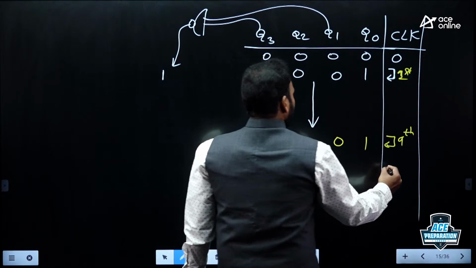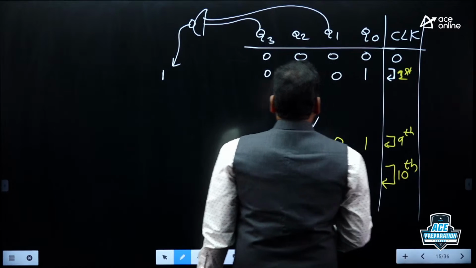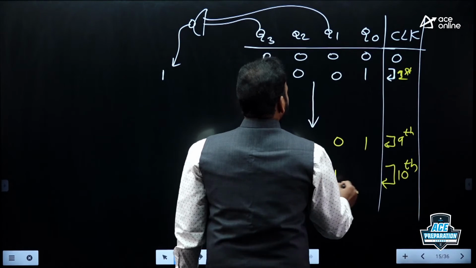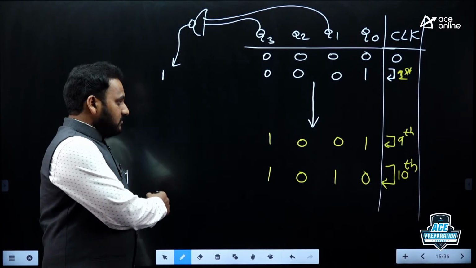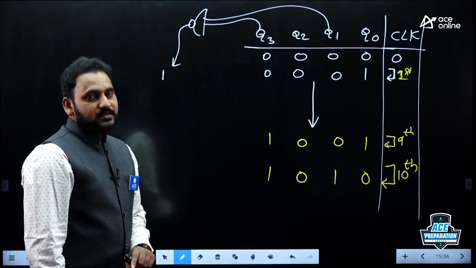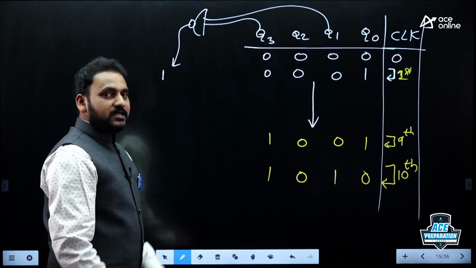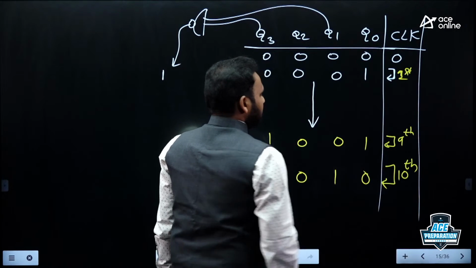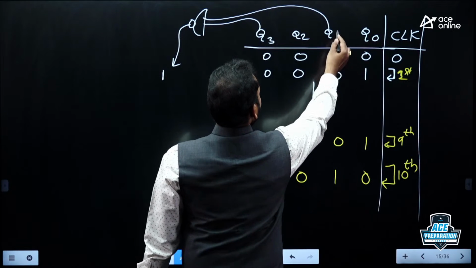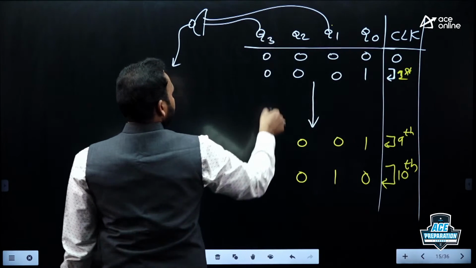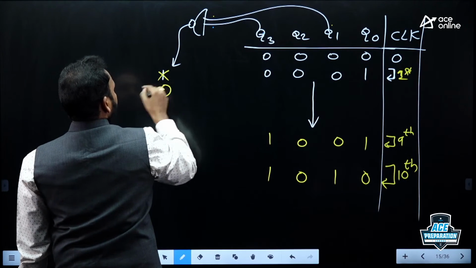If I give the 10th clock pulse, what will come? 1, 0, 1, 0, but instantly, within 0 time delay under ideal conditions. Practically it has some story, but under ideal conditions, no time delay. When 1, 0, 1, 0 comes, this is 1 and this is also 1, 1 and 1 bar is 0.